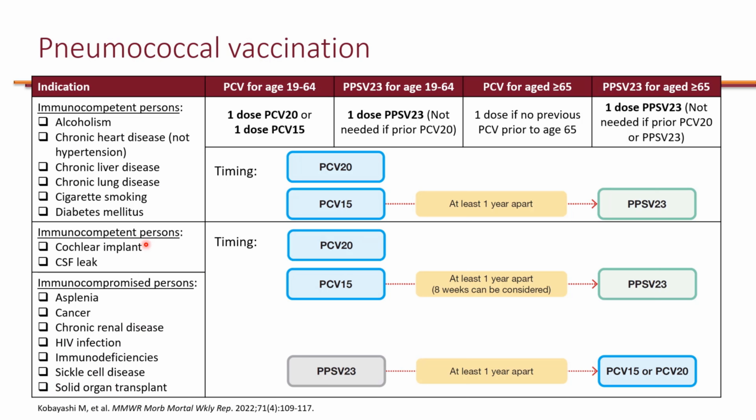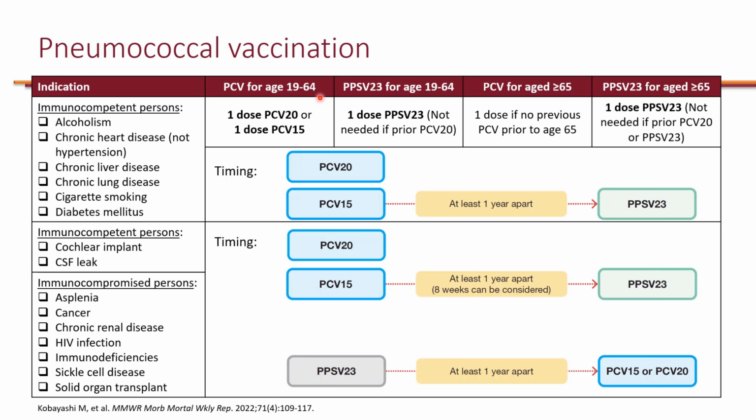So for any of these groups, the recommendation is the same. So essentially, because these are high risk, we're not going to wait till they are 65. So between the age of 19 to 64, and this is assuming that they have not received childhood PCV vaccination, assuming childhood immunization was either not available for these individuals or it was available and they chose not to get them.